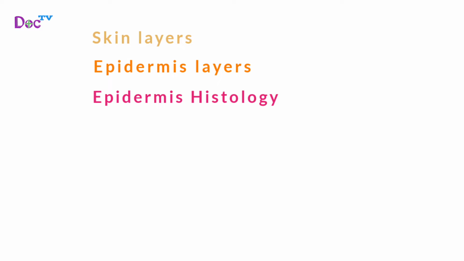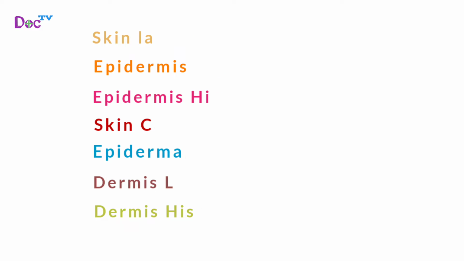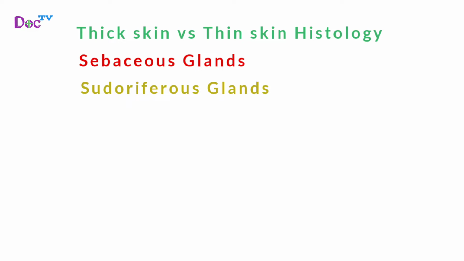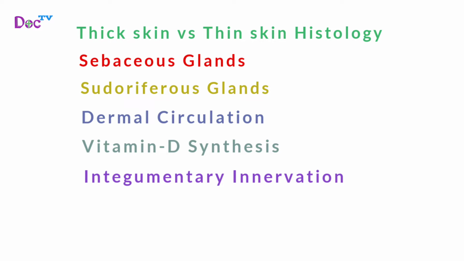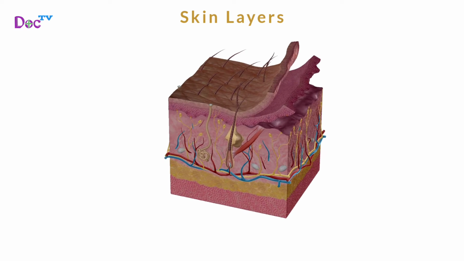First one is skin layers, epidermis layers, epidermis histology, skin cells, epidermal cells, dermis layers, dermis histology, thick skin versus thin skin histology, sebaceous gland, sudoriferous gland, dermal circulation, vitamin D synthesis, integumentary innervation, dermatomes.